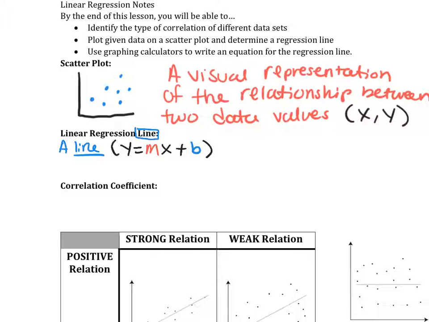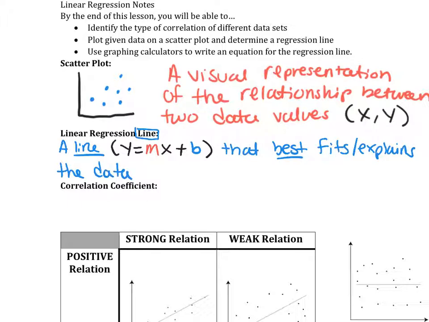Our favorite way to write the equation of a line. But it is a line that best fits the data, or that best explains the data. So line of best fit, same idea.